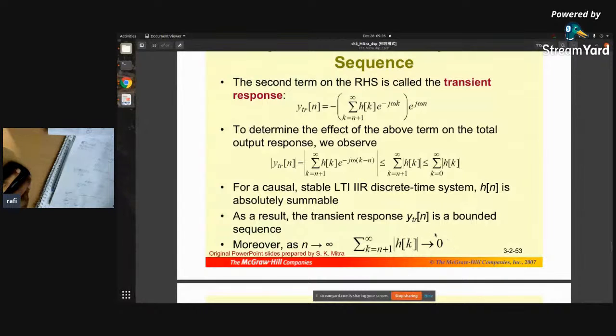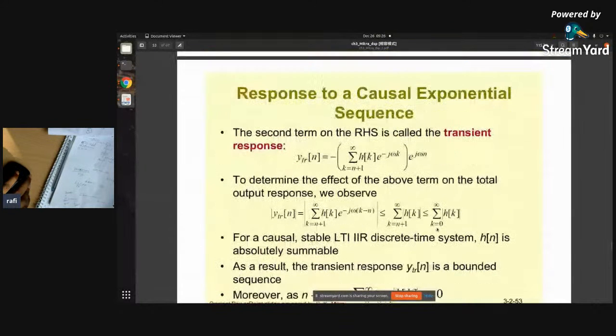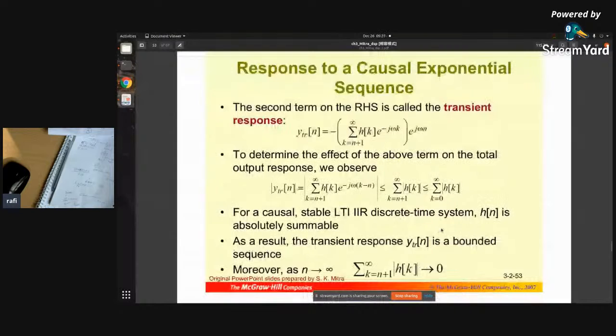These are some implications of the effect of the transient response for a causal signal. Why does a transient response come for a causal signal? Because until t equal to 0 there is no signal, and suddenly you apply a signal at t equal to 0. Obviously you will get some transients, but those transients will die out as n tends to infinity.